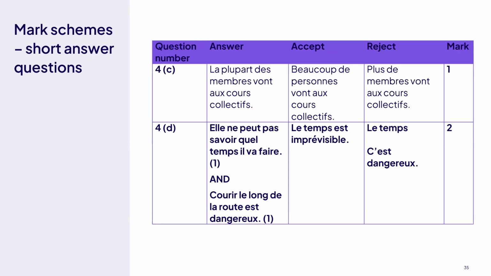That's the answer that we've planned for students to give in answer to that question. Sometimes they answer it in a different way and it's acceptable. And there may also be something that we reject. But just keep in mind that those are just indicative answers. So they could express things in a different way, and that could be equally valid for a mark or equally invalid and equally rejected.